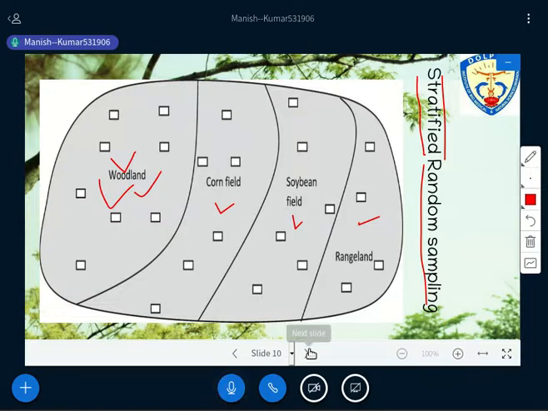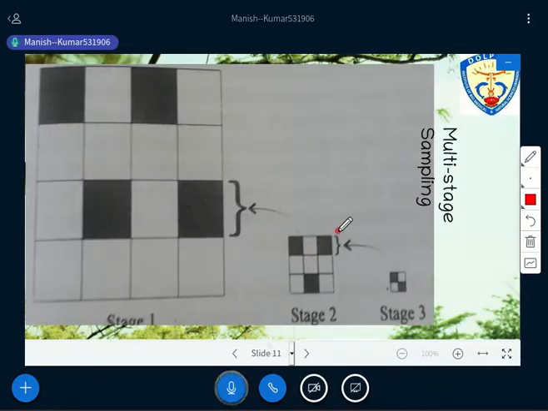Good. Then go for multi-stage sampling, right? Here through the image you are able to understand the things very easily. So let me explain the things through the image itself.